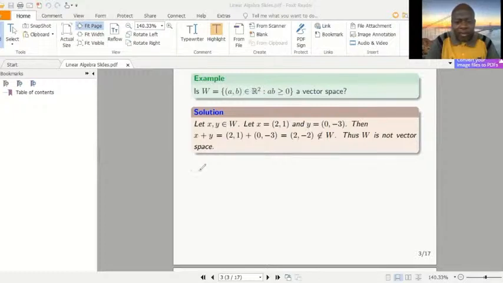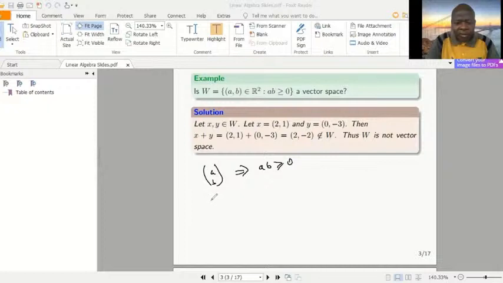The condition that we've been told is that if I were to choose A and B, then the product of A and B must be greater than or equal to 0. That is the only condition you are given, and it's very important to observe it.